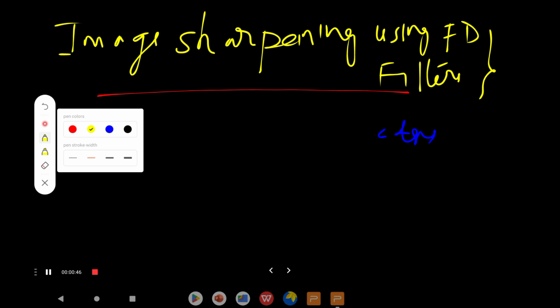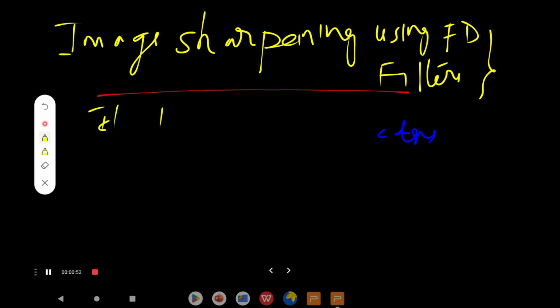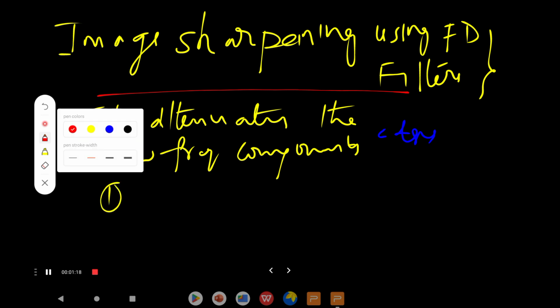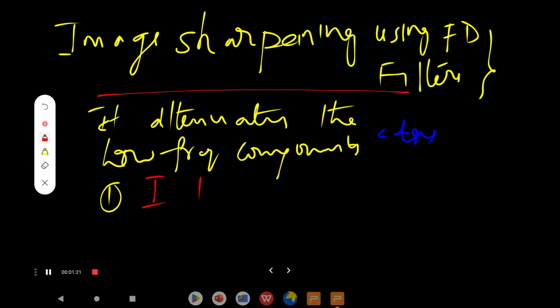For that purpose, we use the high pass filter, which attenuates the low frequency components. In case of the high pass filter, we have three types of filters. The first one is the ideal HPF, ideal high pass filter.